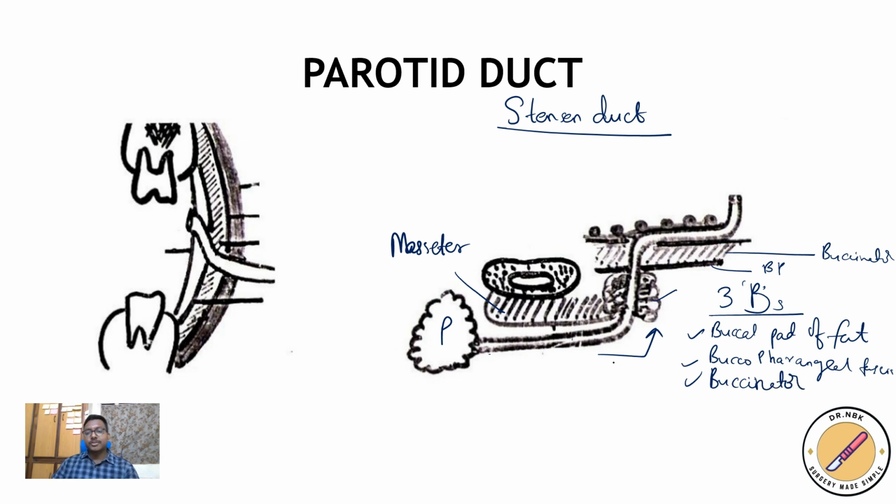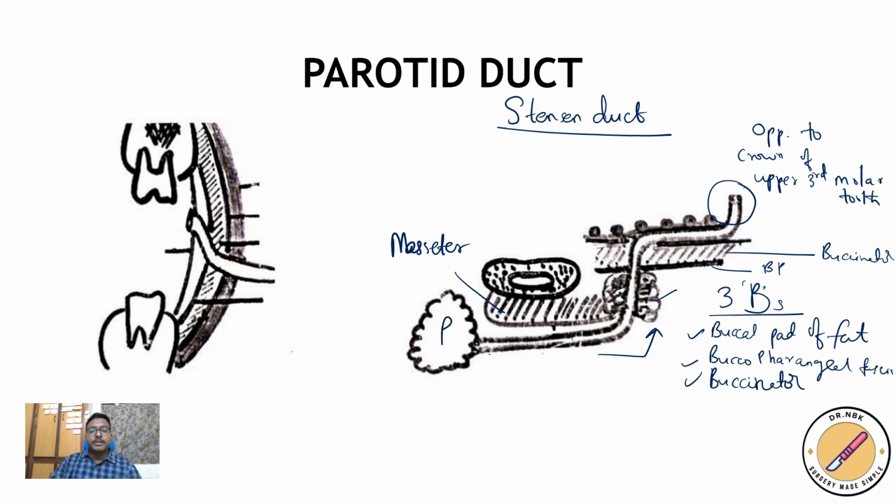These are the three structures pierced by Stenson's duct. After piercing the buccinator muscle, it takes another 90 degree turn and eventually opens opposite the crown of the upper third molar tooth.